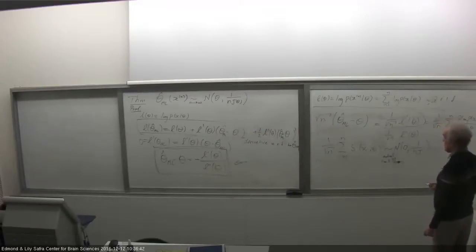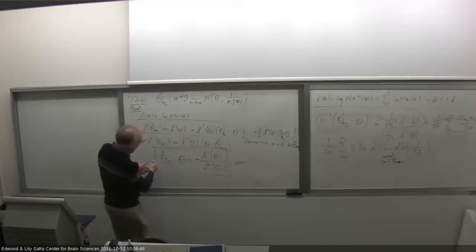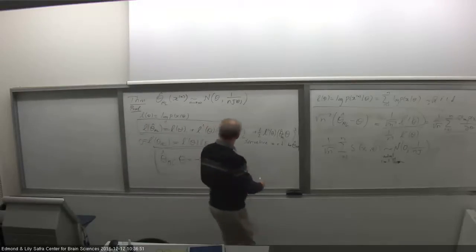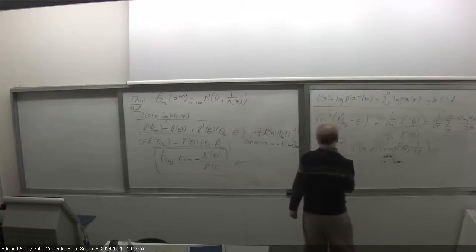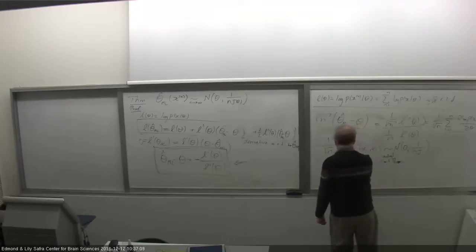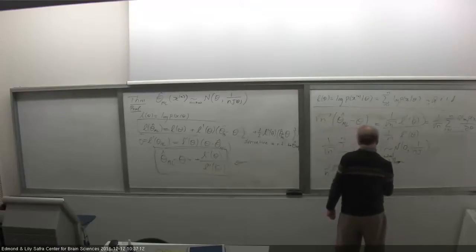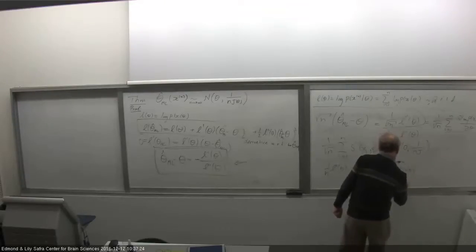Okay, so then this essentially proves the theorem, because it tells us that theta is going to be distributed normally like this variable. So this is a normal variable, and L double prime of theta, in this case for the sum over n, is going to look like 1 over n, the sum of the second derivative of log p(x; theta) with respect to theta squared.